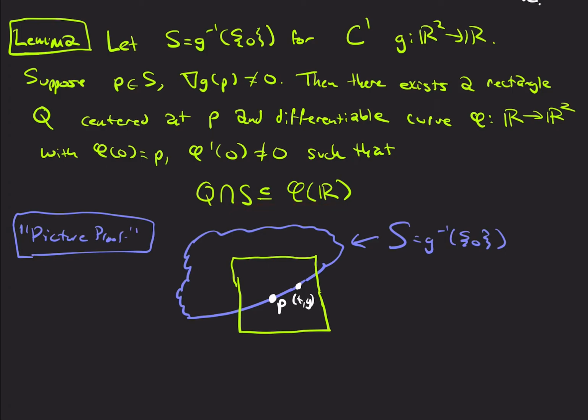So basically that tells you phi parameterizes this curve.